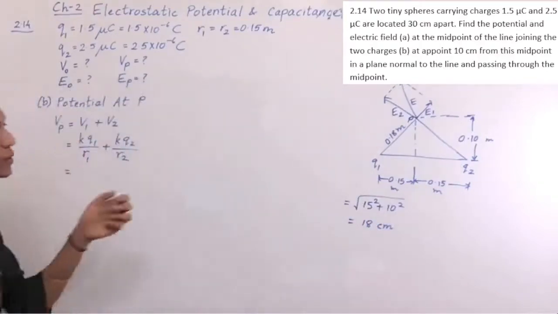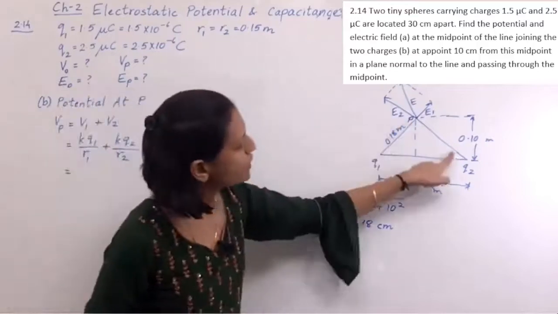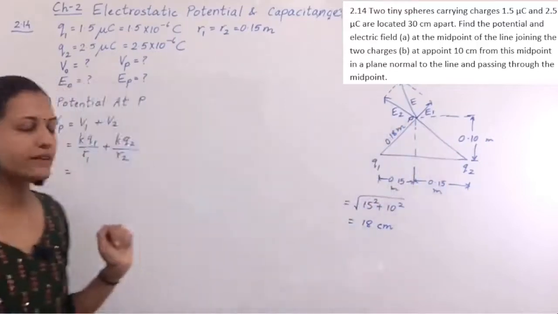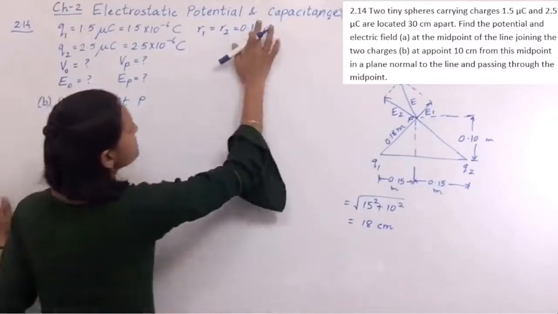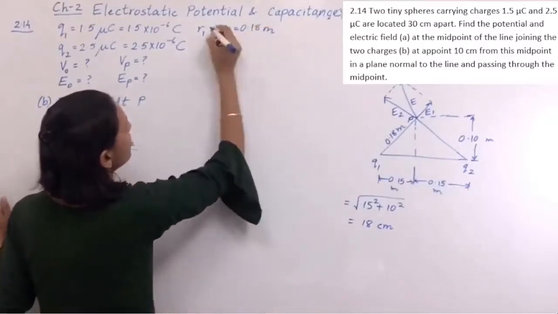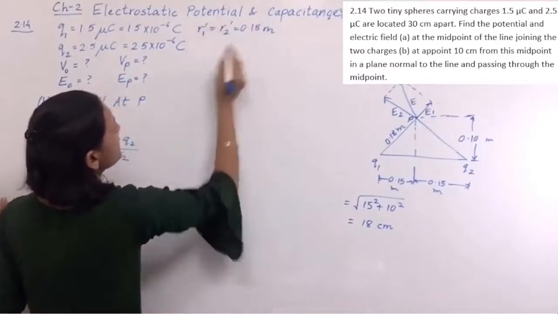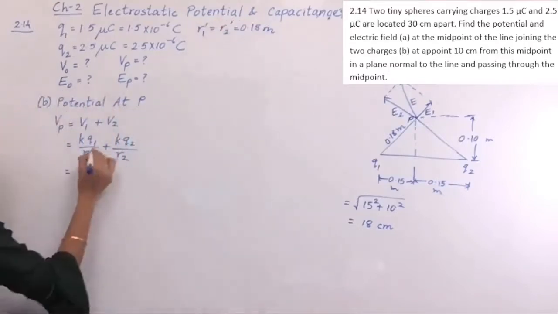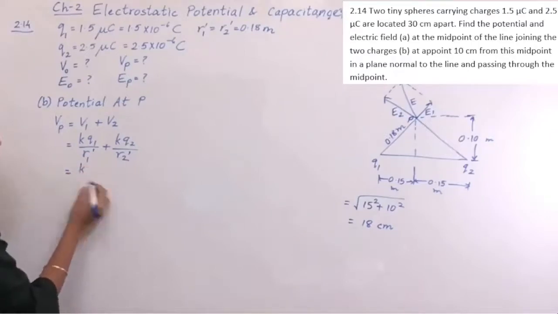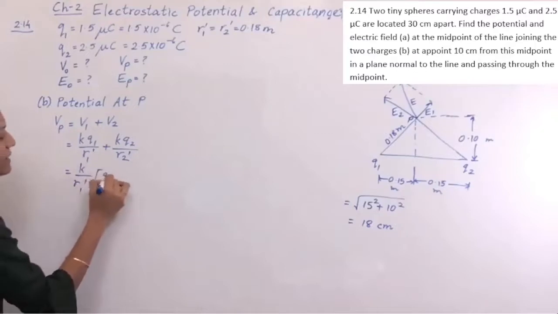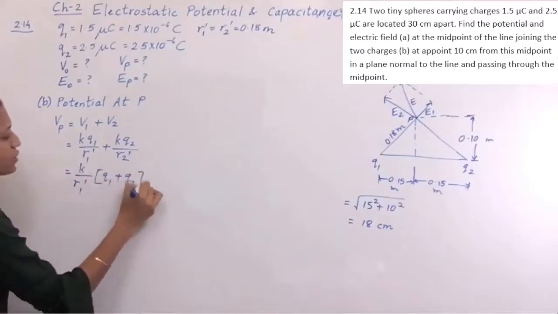So R1 and R2 both are equal to 0.18. Here I'll take R1 dash and R2 dash as 0.18. So K is common, R1 and R2 both are the same, so I'll write only R1 dash, Q1 plus Q2.